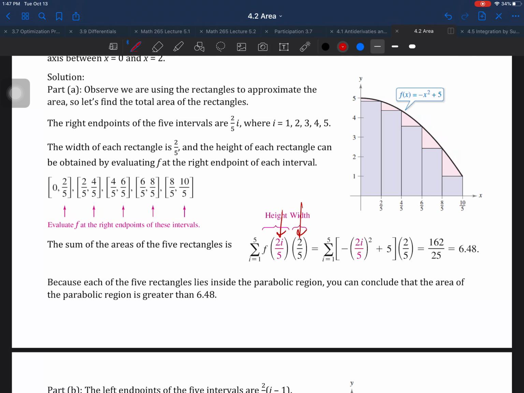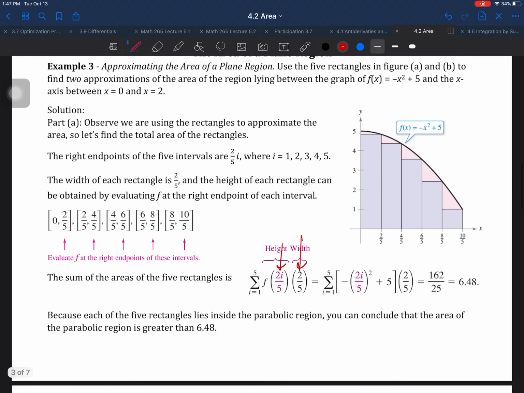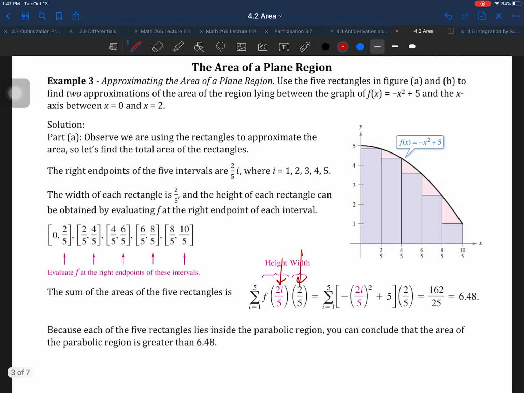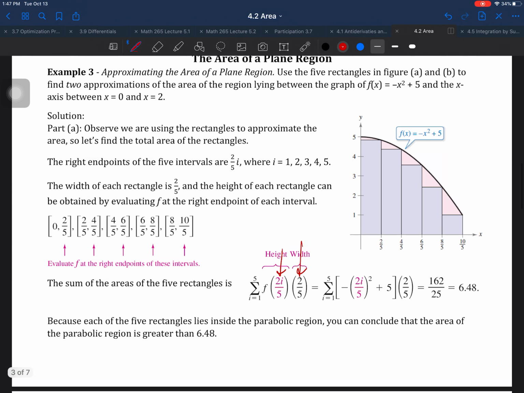So let's begin by finding the width. That should be your first thing. In the problem, usually it's going to tell you how many rectangles you're going to be using, right? The problem is going to tell you use 5 rectangles, use 10 rectangles, or use 7 rectangles, and it's also going to tell you from where to where.